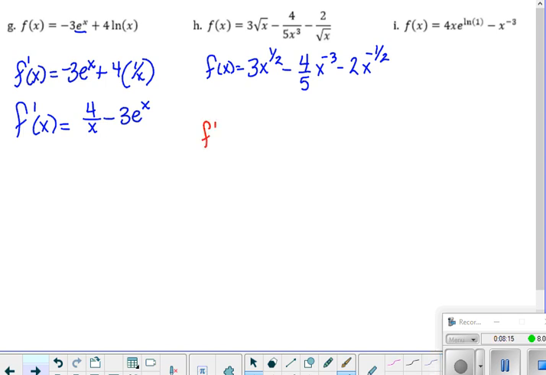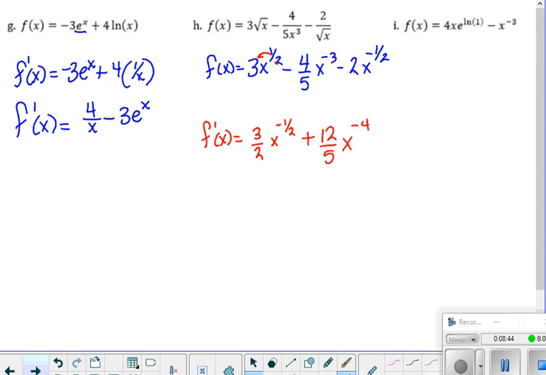So I'm going to get f prime of x equals, we're taking the derivative, so we take 1/2 times 3 gives me 3 over 2 x. 1/2 minus 1 gives me a negative 1/2. Next problem, negative 3 times negative 4 will give me positive 12/5 x reduced by a power gives me negative 4.